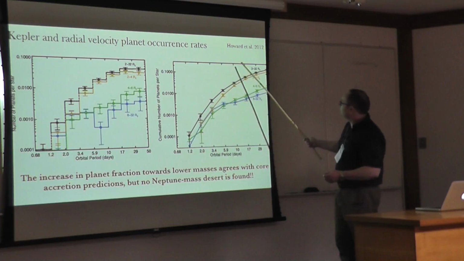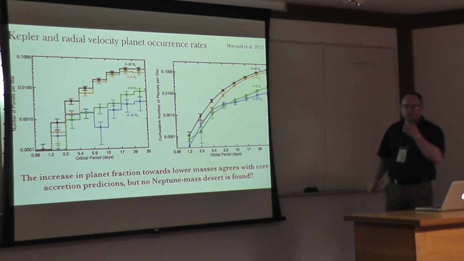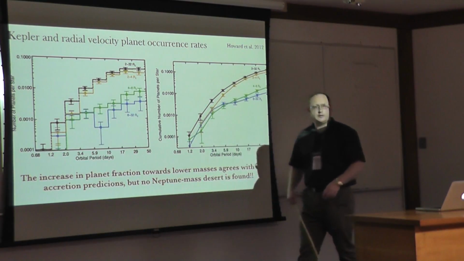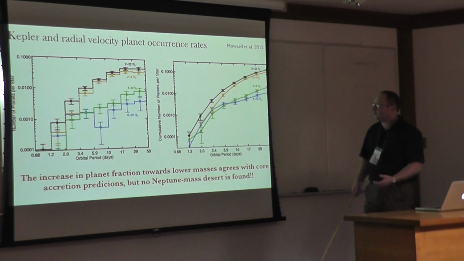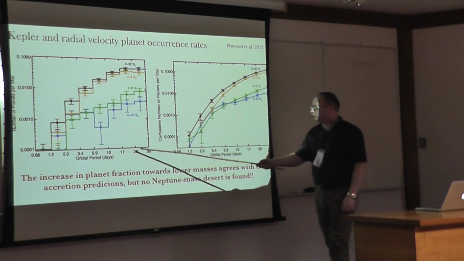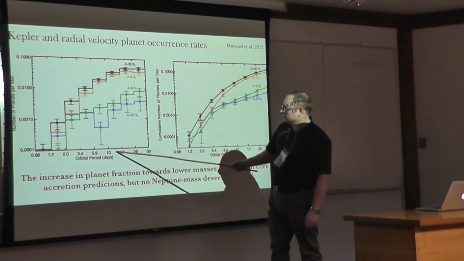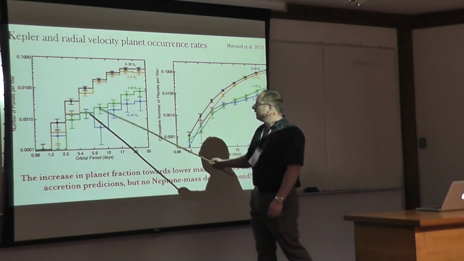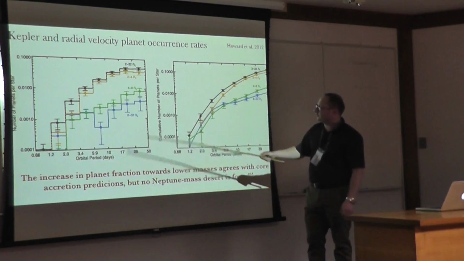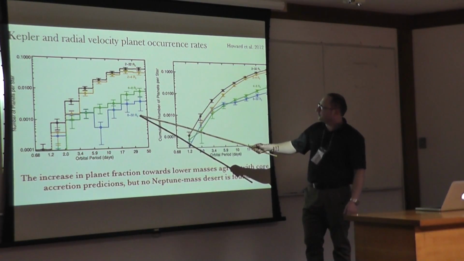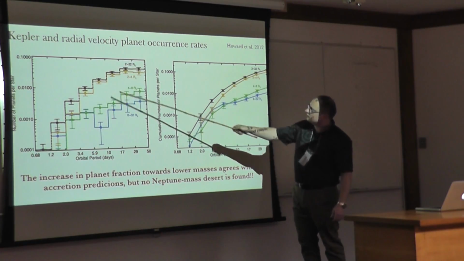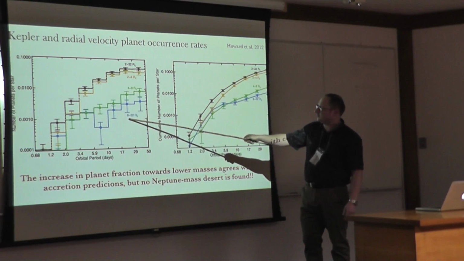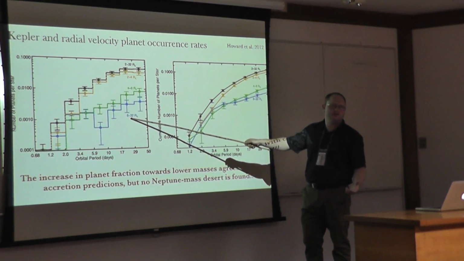And so this was a paper by Andrew Howard in 2012, which took Kepler data and Keck data, where we could try and get essentially, well, first of all, looking at Kepler data as a function of period, and looking at occurrence rates, and binning those up into different radii. So going from the small things here, a couple of Earth radii, down to these bigger planets.